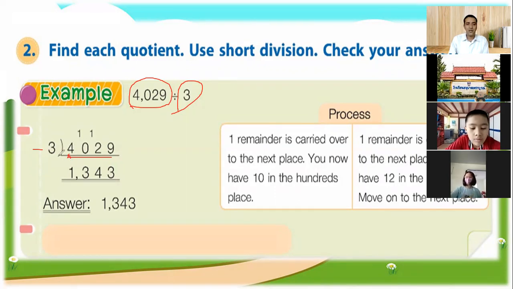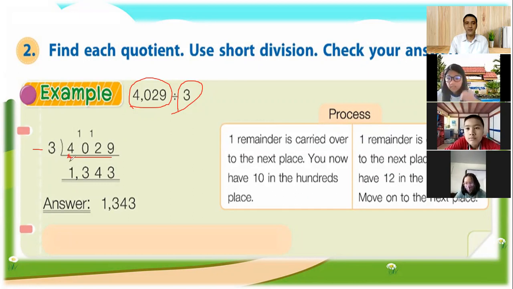Now from 4 we subtract 3, so what will be the remainder, students? Subtract 3 from 4, so we have the remainder 1.